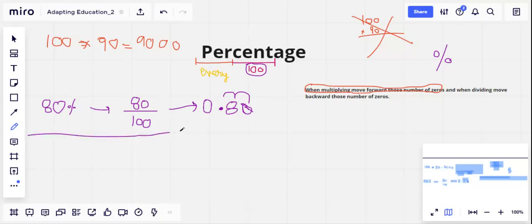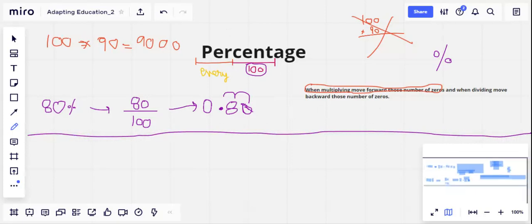Now let us see all those questions which might come. The most common questions which can come in your exams, or which are important for you to know related to percentages. For example, the first question can be of increased percentage. Let's say the cost of petrol is increased by 17%.